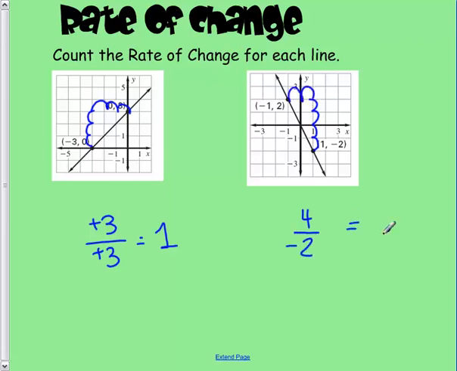So this would have a rate of change of negative 2. If I looked at the other point, I'm going down 1, 2, 3, 4, and over 1, 2. So it's still a negative 2. Now, do you have to do both? No, you can just do one. But I'm showing you with both so that you know.